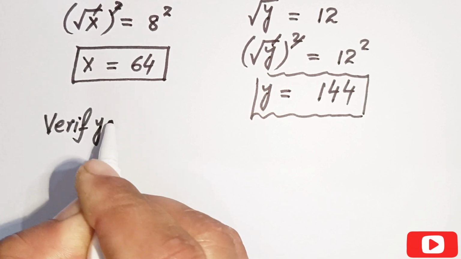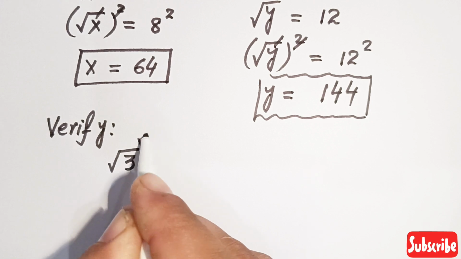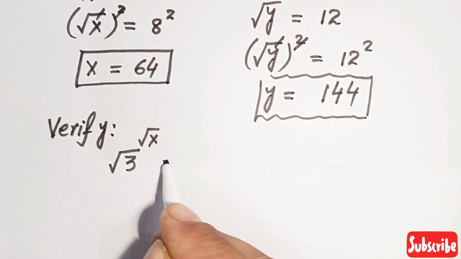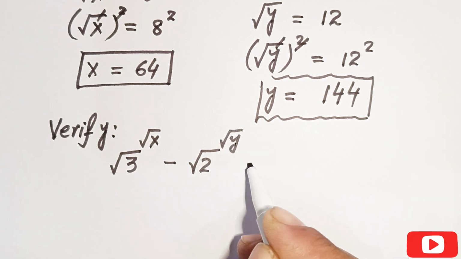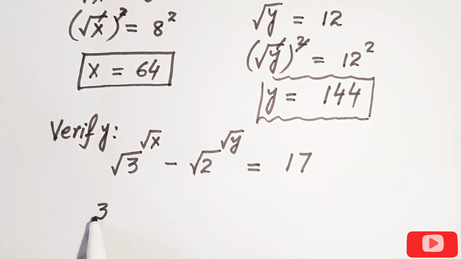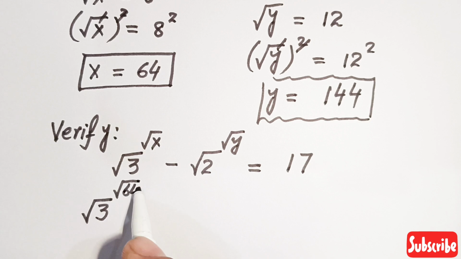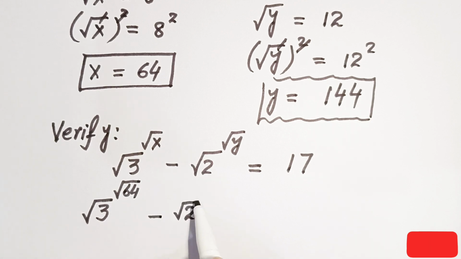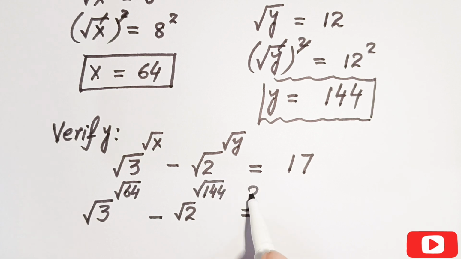For verification, our problem is square root of 3 whole to the power square root of x, minus square root of 2 whole to the power square root of y, that is equal to 17. Here putting the values of x and y, x is 64 and y is 144. Is it equal to 17?